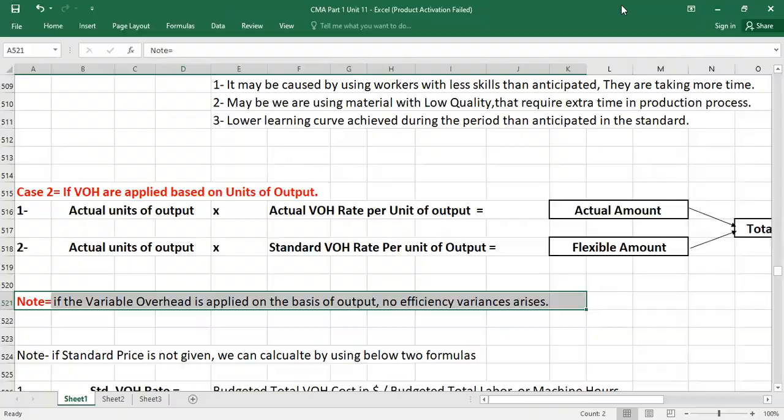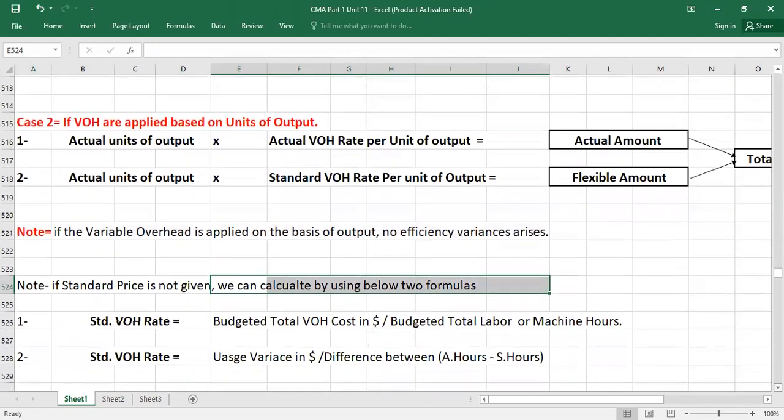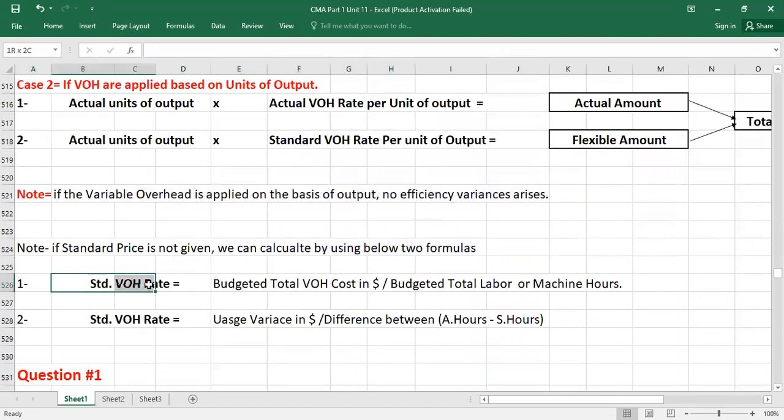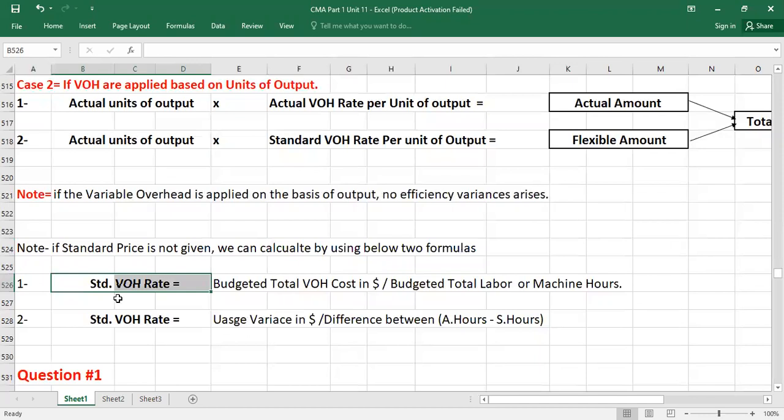This is really important. Now we are going to look at what to do if the standard rate is not given. So how can we calculate the standard rate? We can use the below two formulas. Formula number one, if the standard, meaning budgeted, variable overhead rate is not given: we take the budgeted total variable overhead cost in dollars and divide it by the budgeted total labor hours or machine hours. This will give you the standard variable overhead rate.